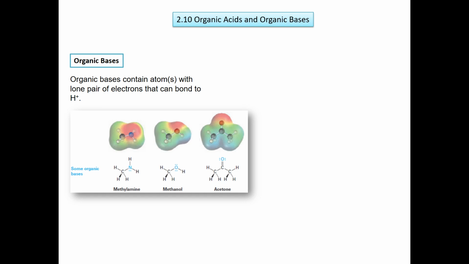Organic bases are also common. For example, we have methylamine, methanol, or acetone. All are, or can be, organic bases. The most common are the nitrogen organic compounds like methylamine, because remember that nitrogen has a pair of electrons that can take a proton.